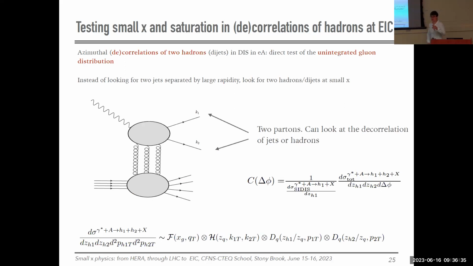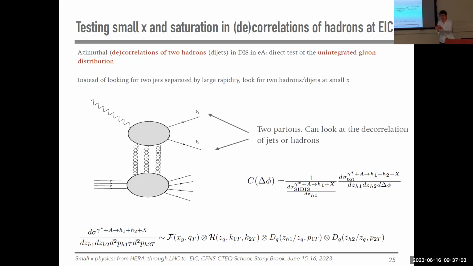Okay, now, while we are at these decorrelations, we can also study this type of decorrelation at the EIC in a slightly different setup. So instead of looking at the correlations of two jets which are separated by rapidity, you can look at the correlations of two jets that are very close in rapidity, but then there is some chain attached. You look at these two jets produced here, and then there is some rapidity difference to the proton side.